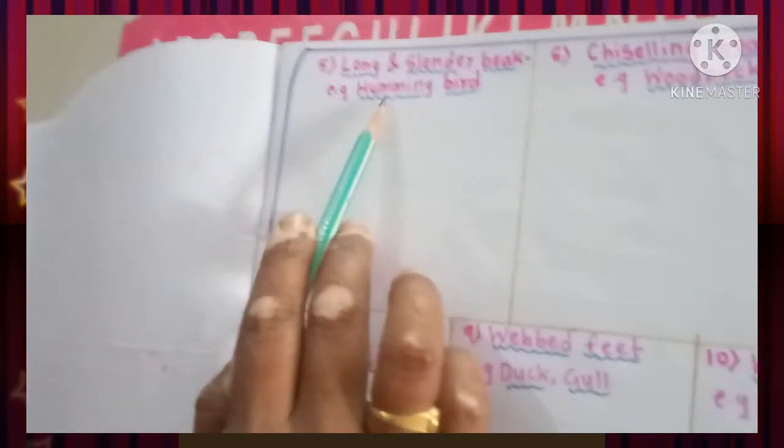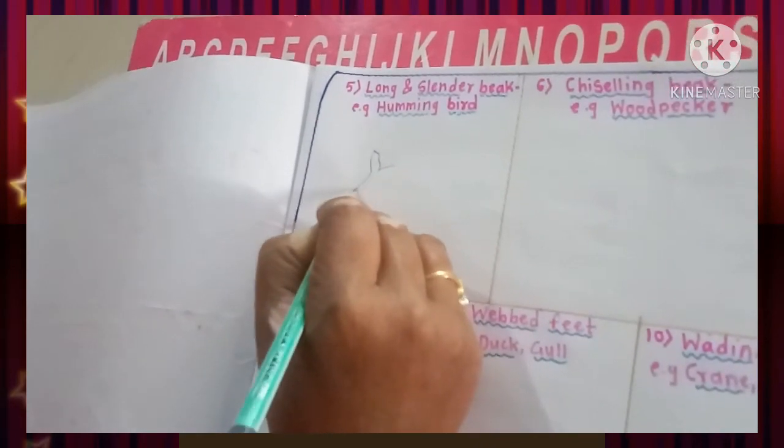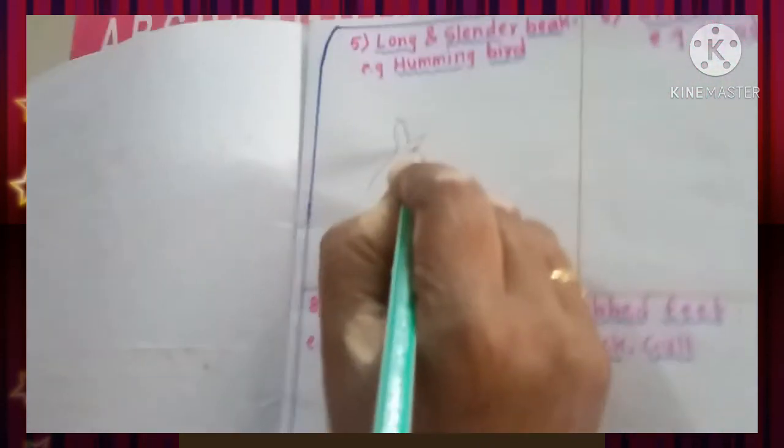Now our fifth one, the long and slender beak. In which bird is the long and slender beak present? It is present in the hummingbird. Children, what does the hummingbird suck? The hummingbird sucks the nectar from the flower. Now I draw the flower, because where is nectar present?